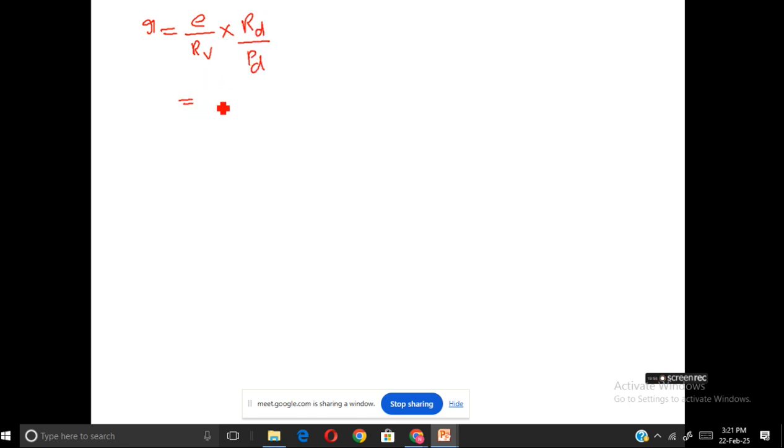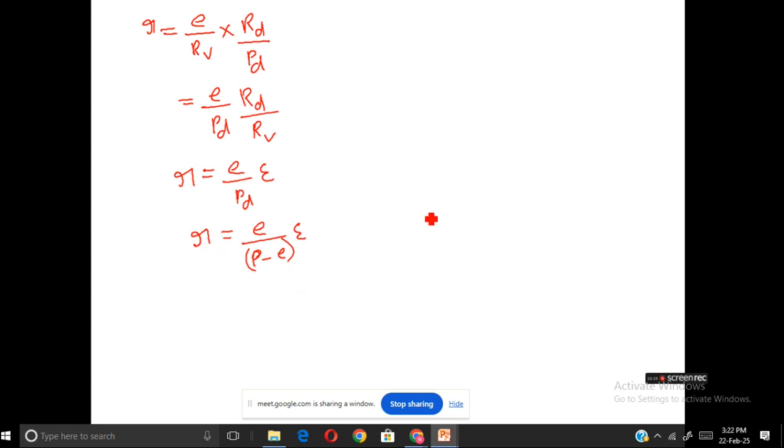So we know the value of RD by RV, right? It is epsilon. So it can be written as E by Pd into epsilon. The mixing ratio R can be written as E by Pd into epsilon, where Pd again can be written as P minus E, the total pressure minus the vapor pressure, into epsilon.